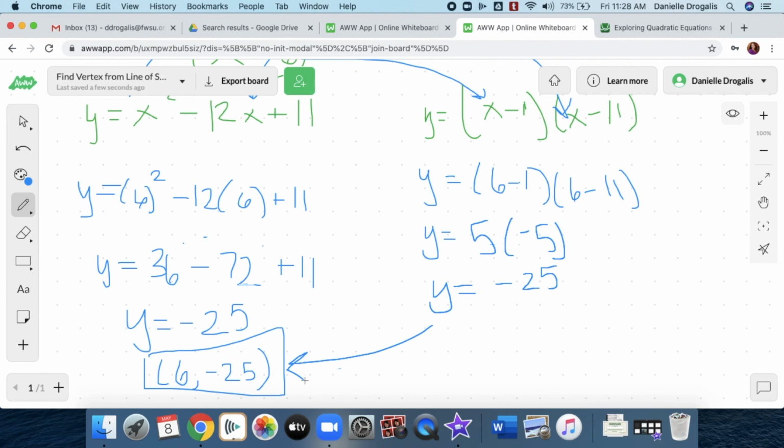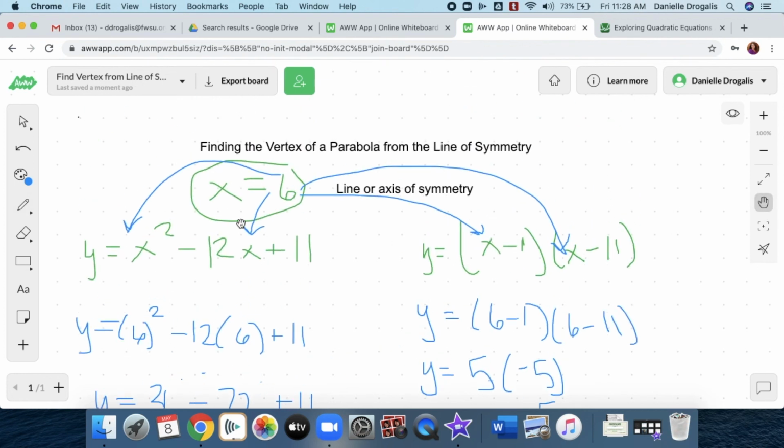If you know the axis of symmetry because you calculated it, or it was provided, or you found it by some other means, then you can substitute it in to find the y component, because remember, the vertex and the line of symmetry always intersect. They share the x line, that is the axis of symmetry. That's the same value as the x component of your vertex, right? So here the vertex x component is 6, and it matches the line of symmetry we were starting with. So I hope that was helpful, and continue all of the great work you are doing.